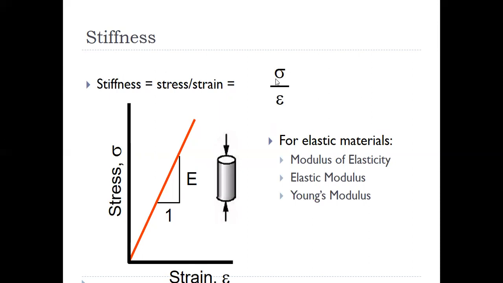It is the ratio between stress and strain. And what we are talking about here is one-dimensional stress. So, if you are talking about an elastic material, it's a modulus of elasticity, or elastic modulus, or Young modulus, whatever you say.